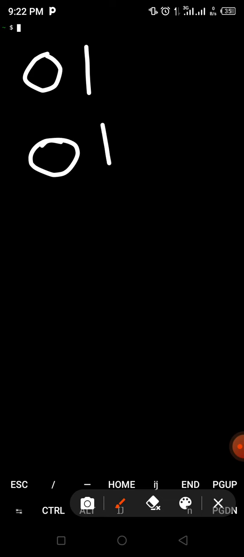So base 2 is going to be 0 and 1. So we only have 2 numbers there. So base 3 is going to be 0, 1, and 2. So we only have 3 numbers there.